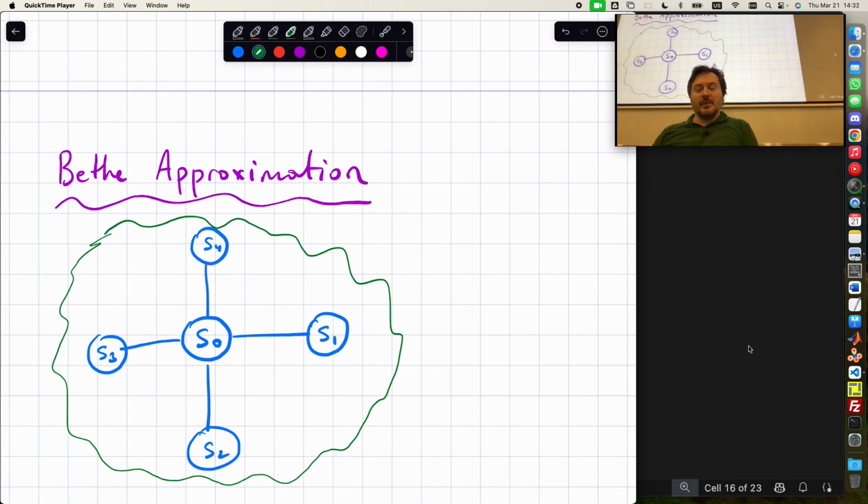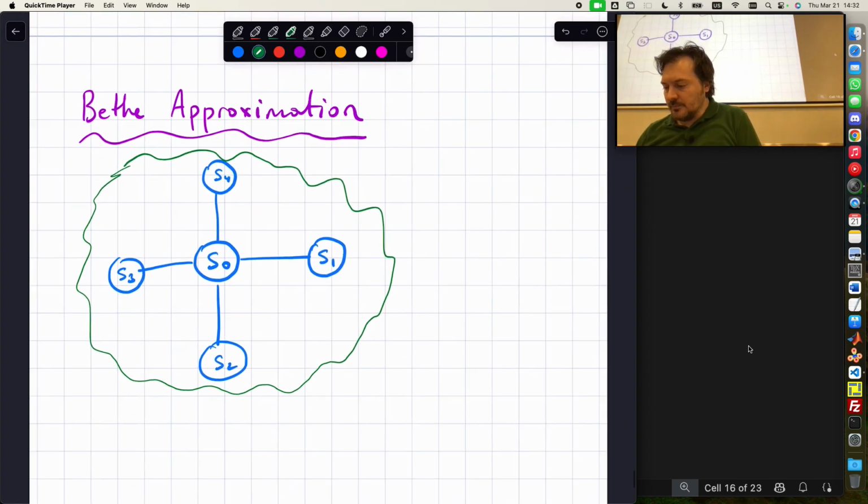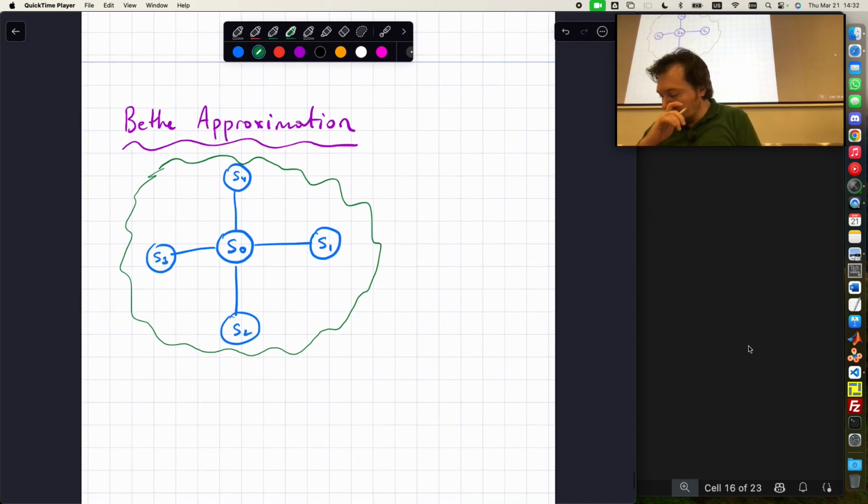Okay? So we will actually think of it this way. If the system is already magnetized, there is some effective field H that is acting on these spins. Just like a magnetic field, there is an effective field that's acting on them.